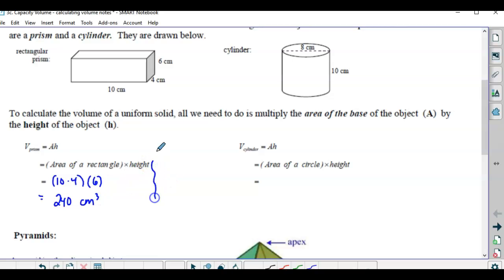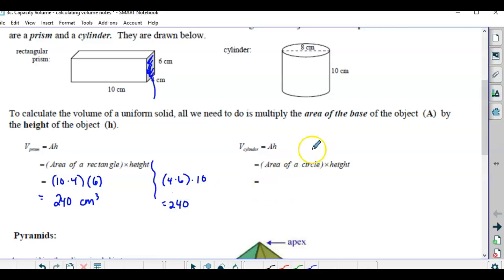Now, if you decided to take this as your base, if we tipped it over, then we would go 4 times 6 and then multiply it by 10. Well, notice, 10 times 4 times 6 is the same as 4 times 6 times 10. You get the same answer, right?